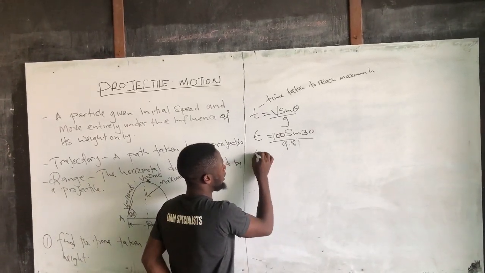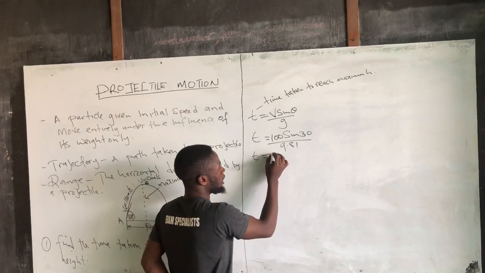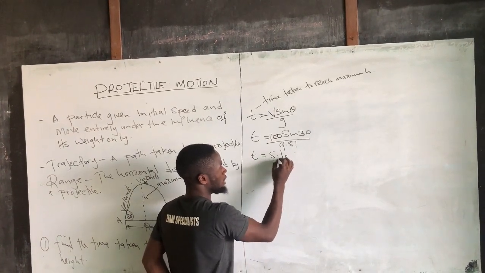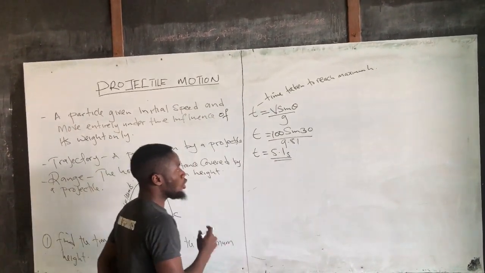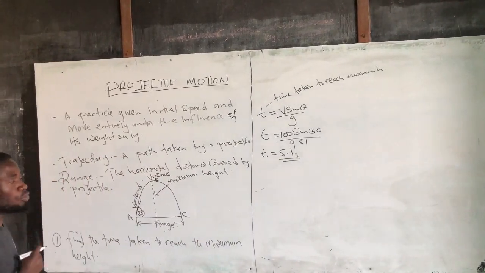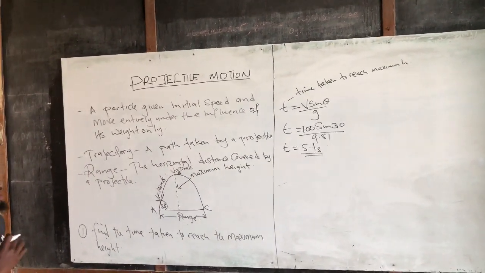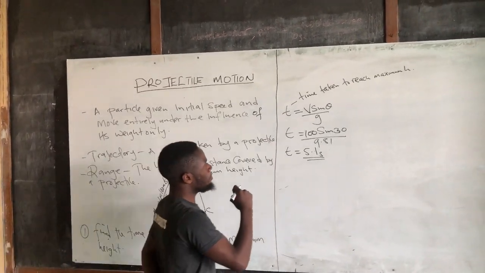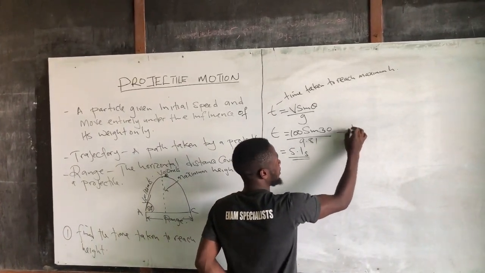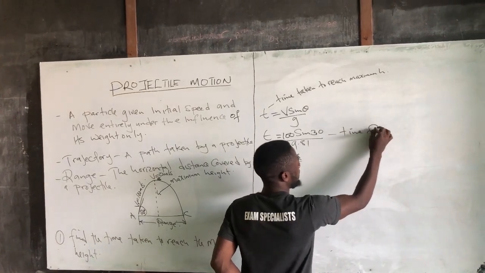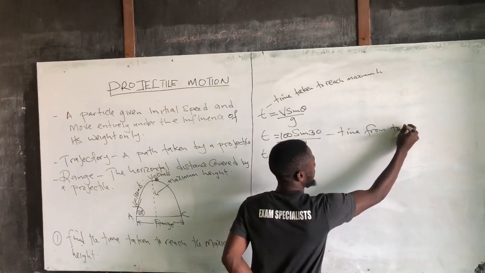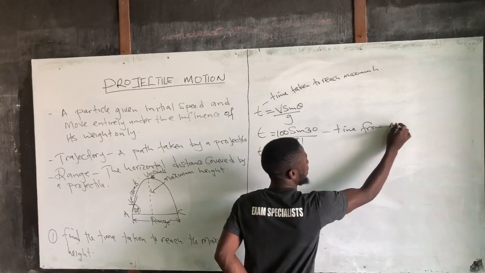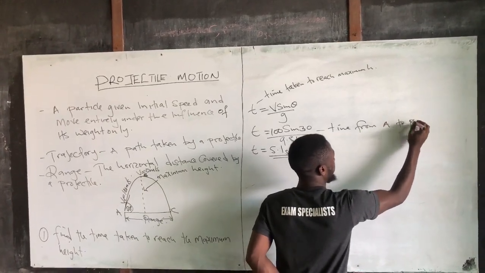So we find that T is 5.1 seconds. We have found the time taken to reach the maximum height, which is the time from A to B.